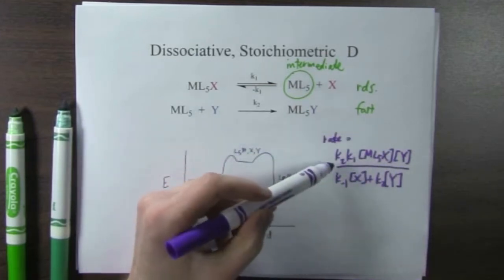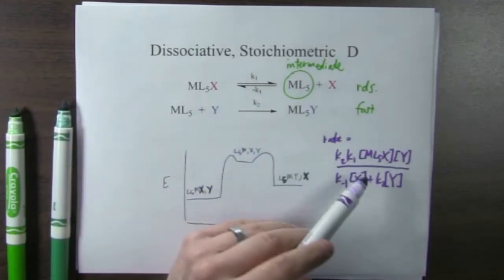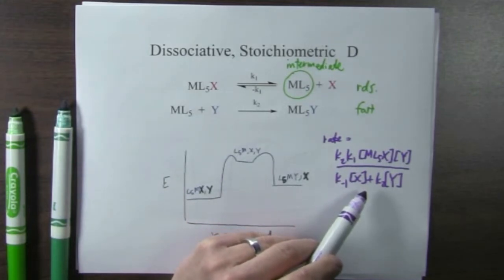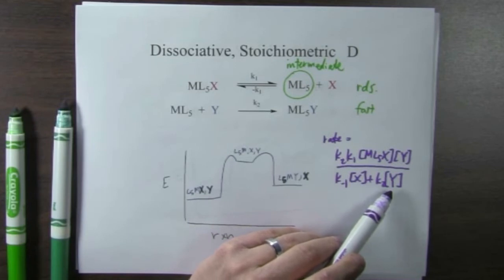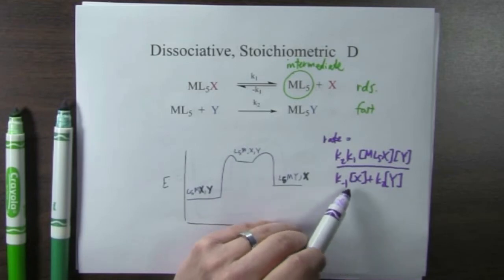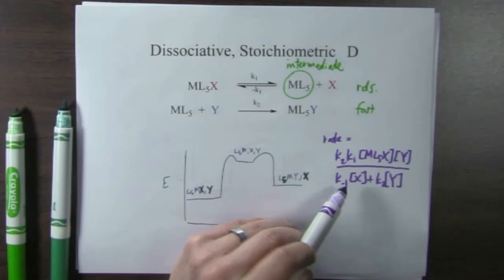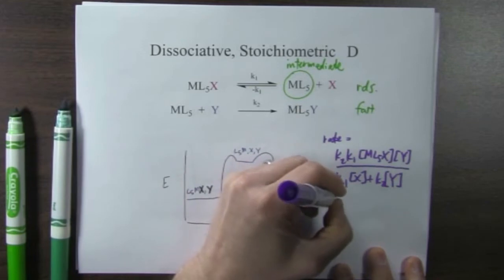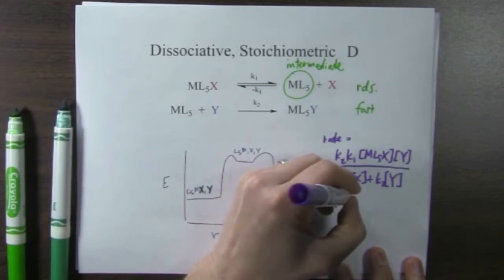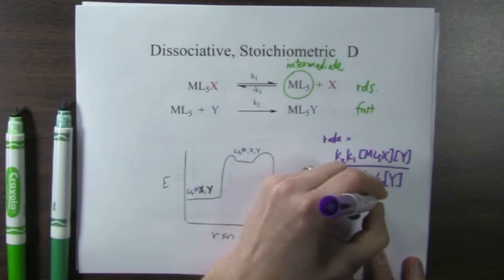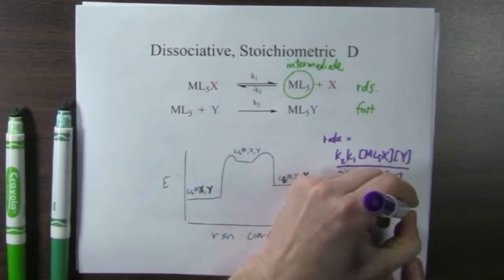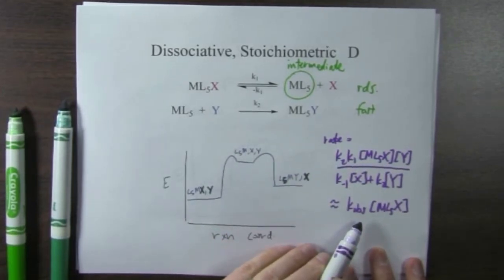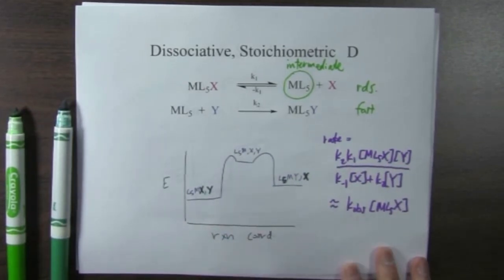Okay, so this would be the formal rate law, but it turns out we often work with large concentrations of Y, and so the Y term cancels out. This is usually slow, and so it simplifies to a first order rate law.